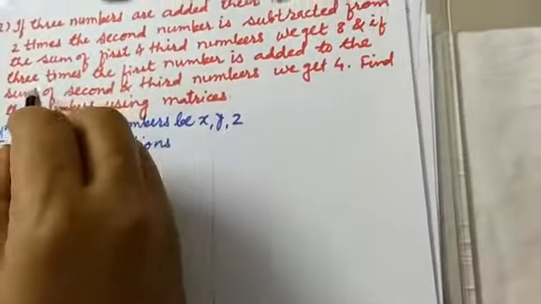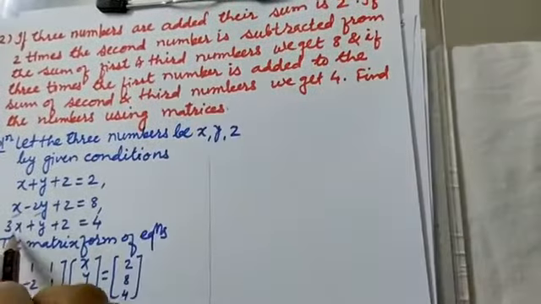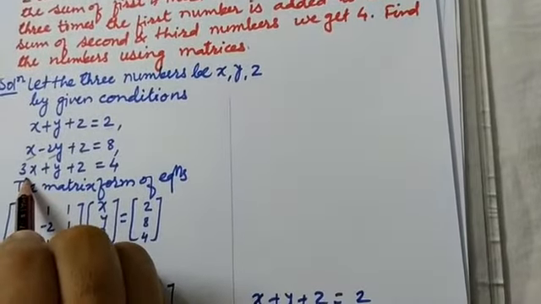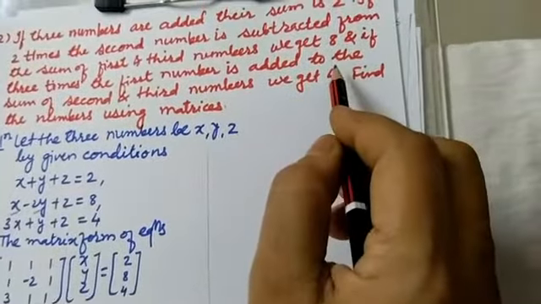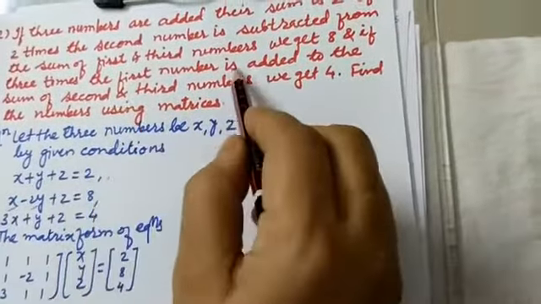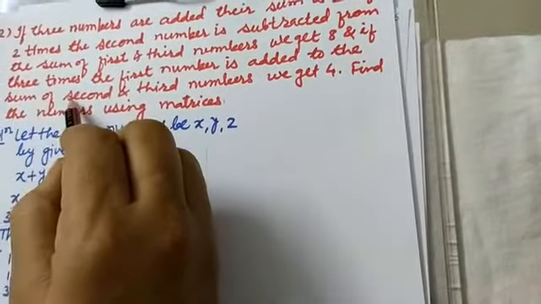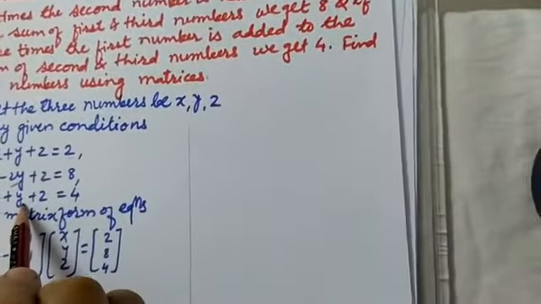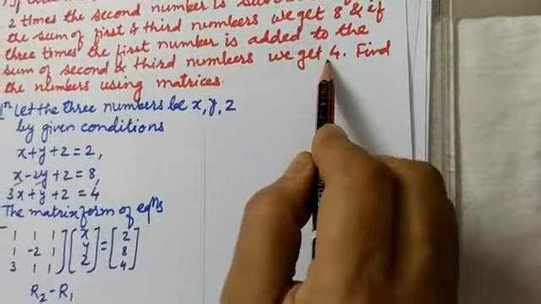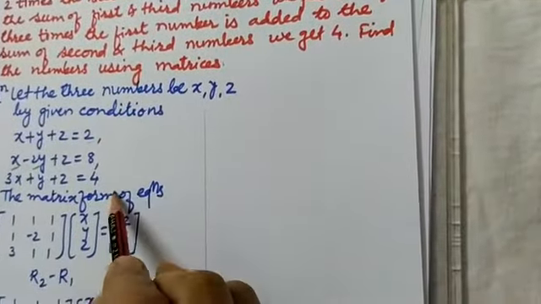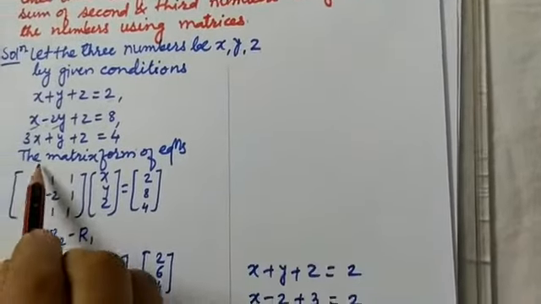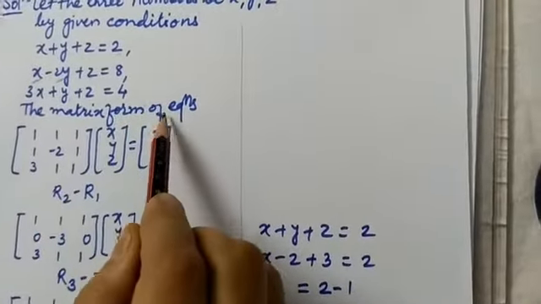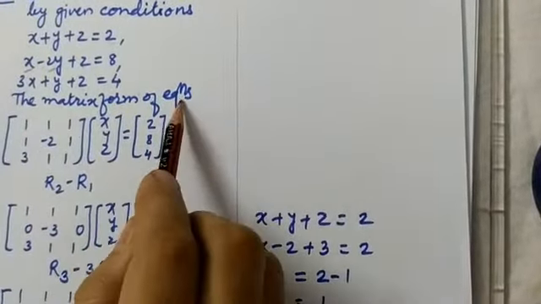Third, if 3 times the first number is added to the sum of the second and third numbers, we get 4. So by the given conditions, we found the equations. Then the equations are reduced to matrix form.